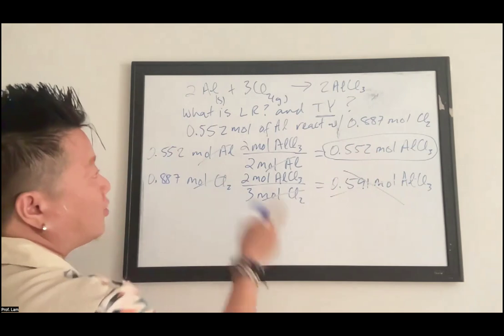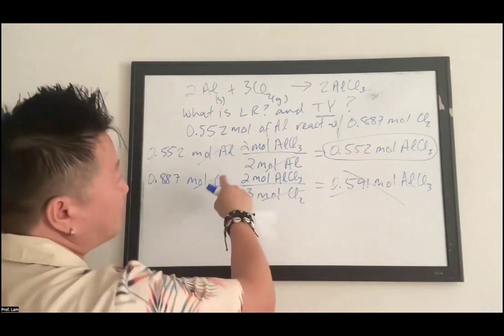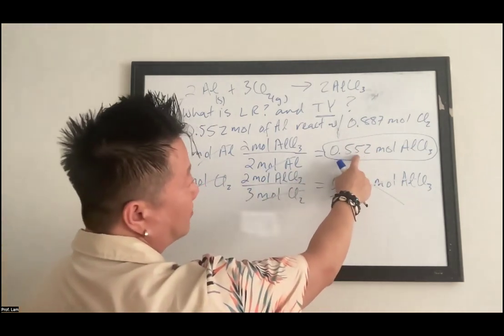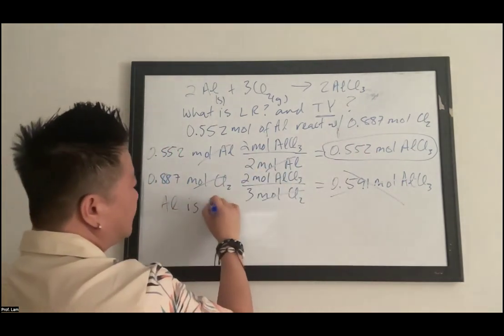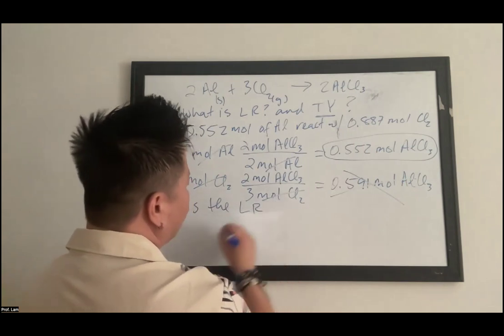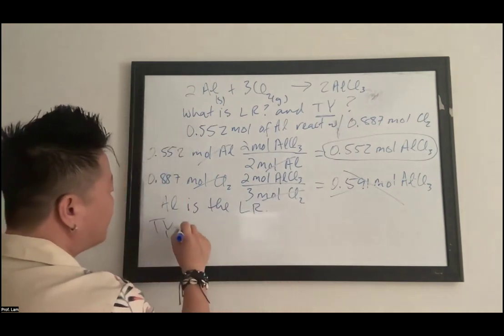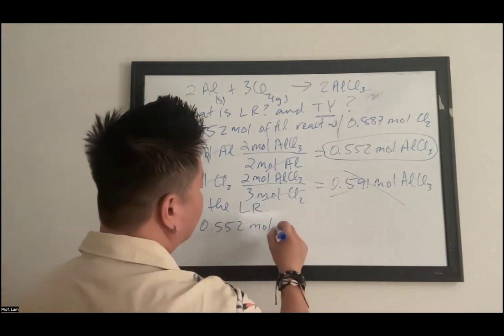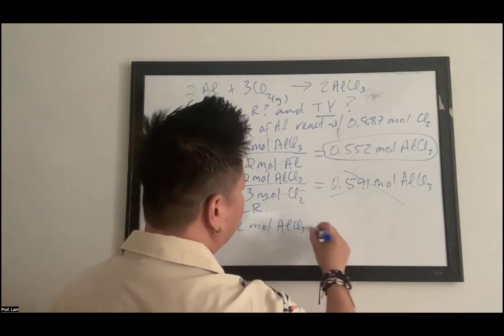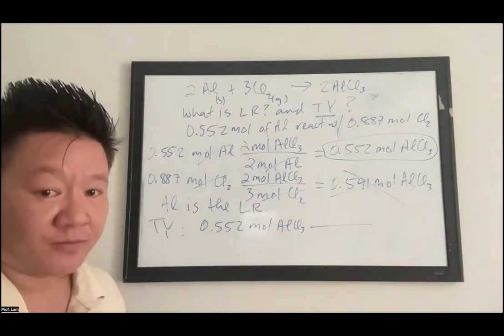And so what is the limiting reactant? Well, what's the reactant that made this much aluminum chloride? It's the aluminum. So you say aluminum is the limiting reactant. And then for your theoretical yield, you take 0.552 moles of aluminum chloride and convert it to grams.